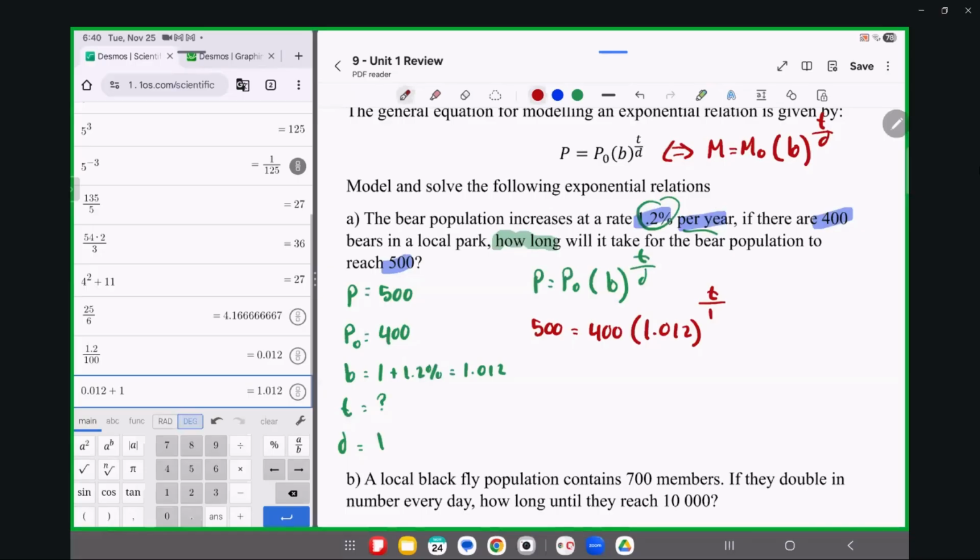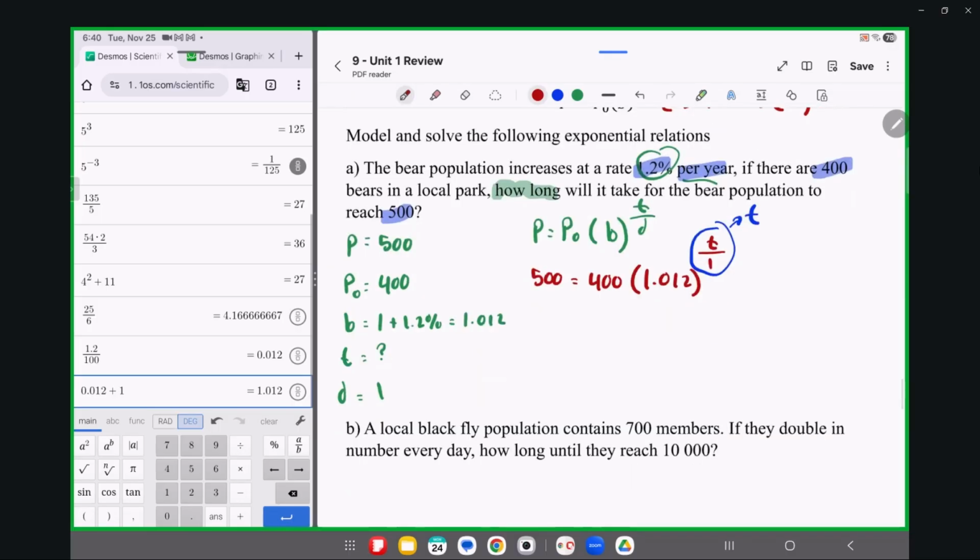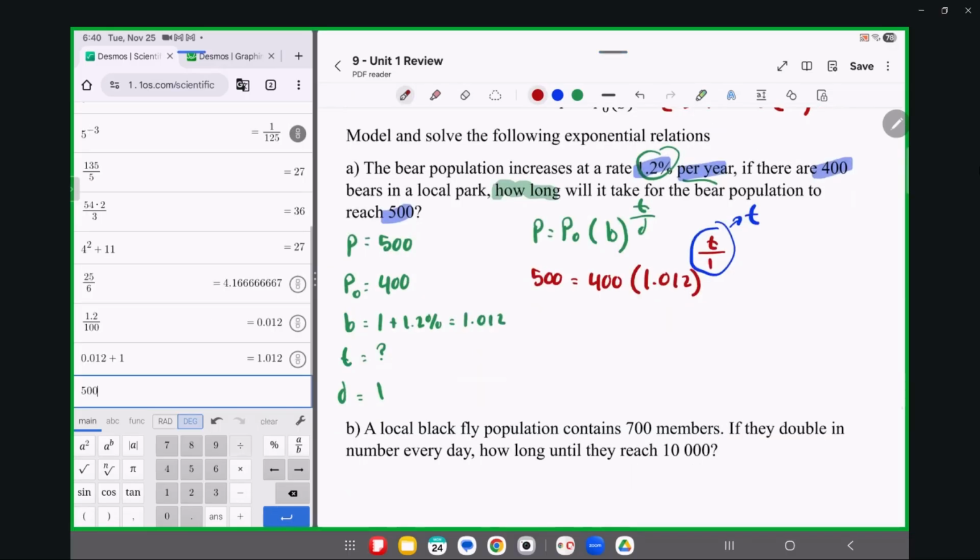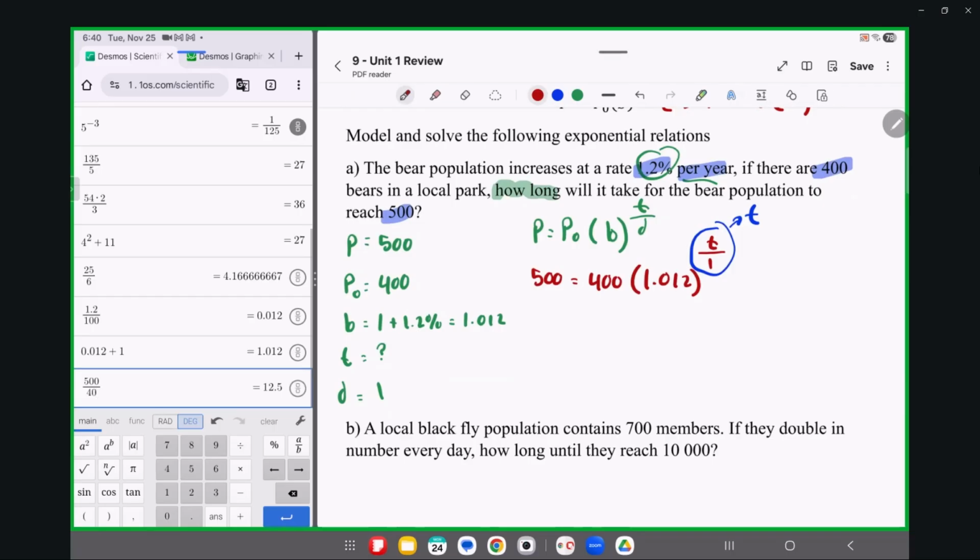Okay, so t over 1 is just going to be t. So 500 divided by 400, that's going to be 1.25, but you can use a calculator to help you if you're not sure. Then 1.25 equals 1.012 to the power of t, using the exponential equivalent, the logarithmic equivalent.